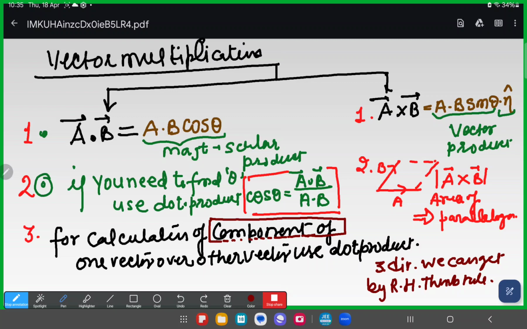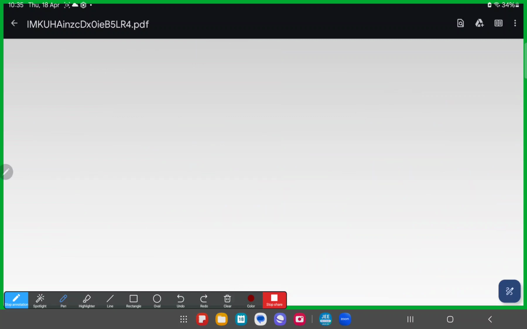Now let's see a few more points on the dot product and cross product.